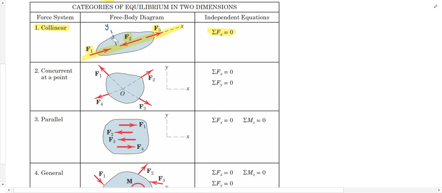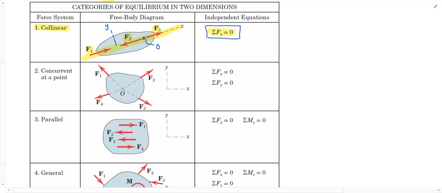There are no forces in the y direction. So that one is satisfied by default. And if you took a moment around, say, a point on that line of action, well, every single force goes through point O. So the moment around point O would be 0 by default. So it doesn't do you any good to consider all three equations. You really only need the one.